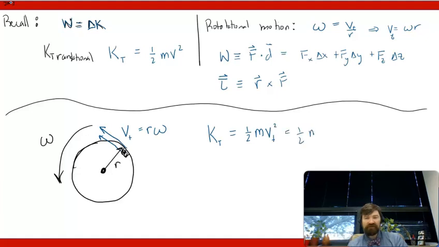And so that's 1/2 of whatever the piece's mass is times r squared omega squared.